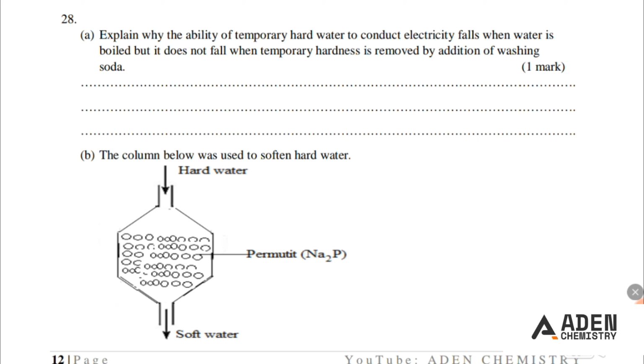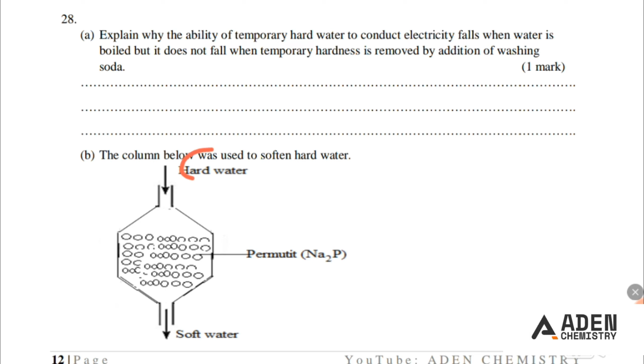But when we add washing soda, that's sodium carbonate, what we are going to get there is calcium carbonate and sodium hydrogen carbonate. So sodium hydrogen carbonate solution contains mobile ions which will conduct electricity. So part B, we are told the column below was used to soften hard water.